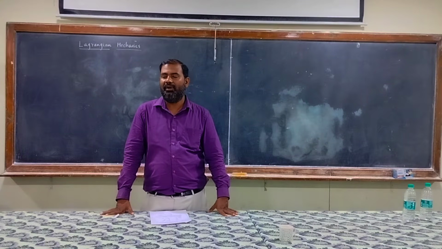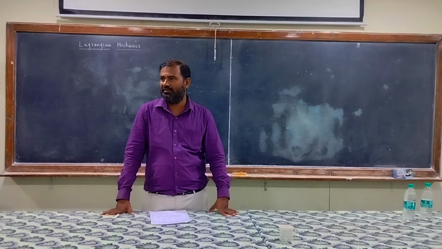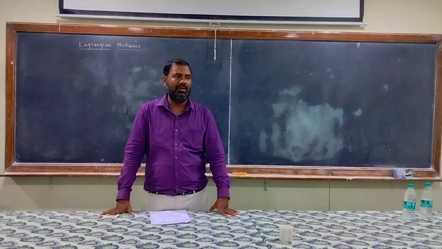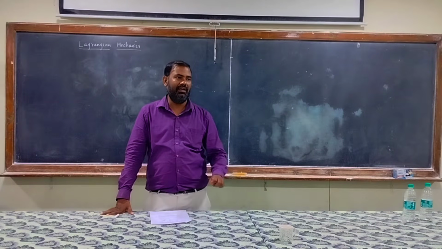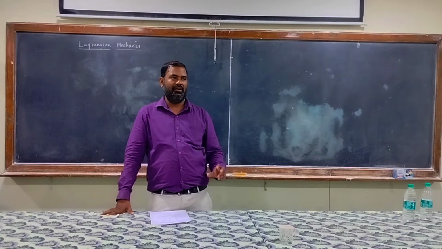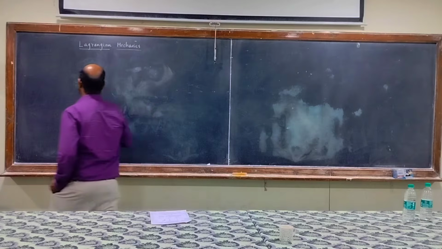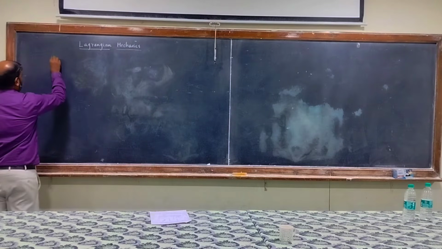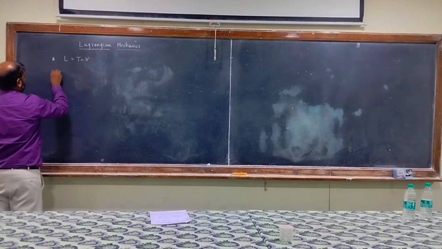And what are the important equations in Lagrangian mechanics? One is the definition of the Lagrangian: L is equal to T minus V. The other one is the Euler-Lagrange equation.